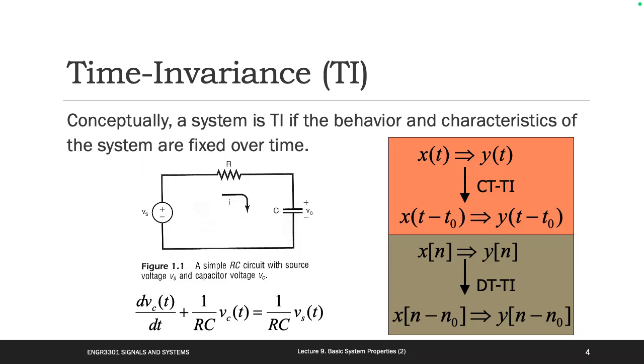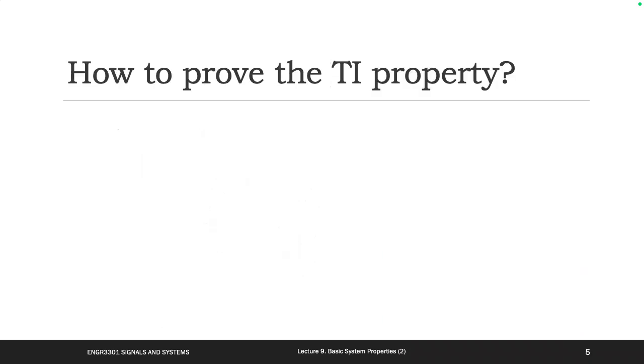But sometimes, how can we prove this system is a TI system? Actually, we have some steps. Usually we have a 4 step approach to prove this system is a TI system.